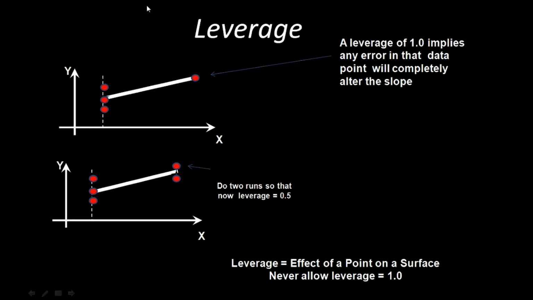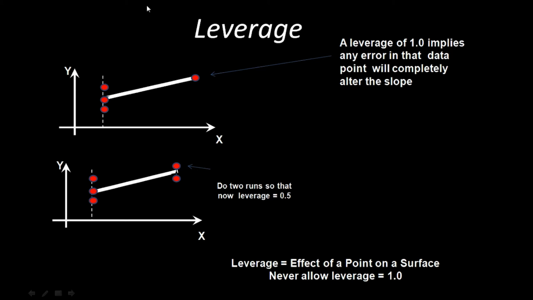This type of fitting is not very good because your entire slope will depend upon this particular point. This is called a leverage of 1, which is not good. That means you have all the data points with almost the same descriptor value and only one has something different. So never have a QSAR like this.